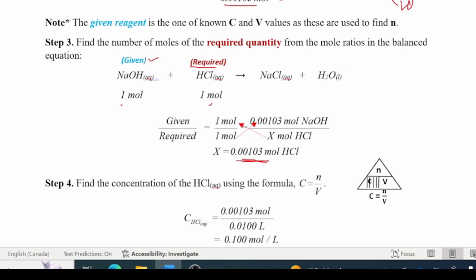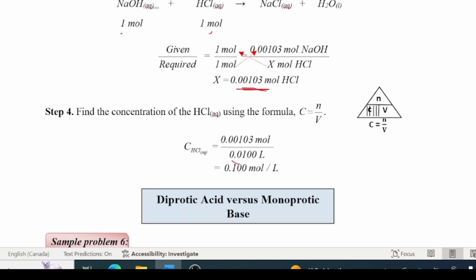So we know the number of moles, and we know the volume of one aliquot, which is 10 milliliters, and that changed to liters is this. So 10 milliliters had that number of moles of acid, so your concentration is C equals n over V. Okay? And that is how you do a titration.